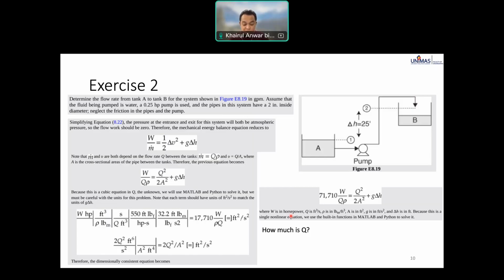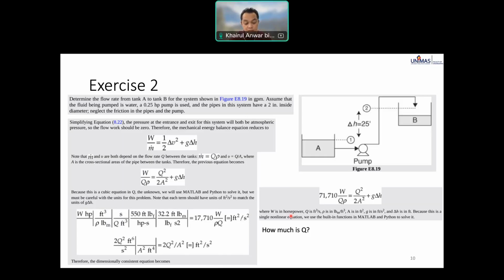So what you need to do is just plug in the values: 71710 multiplied with 0.25 HP divided by 62.4 pound mass per feet cubed, which is the density, then equal to Q squared.